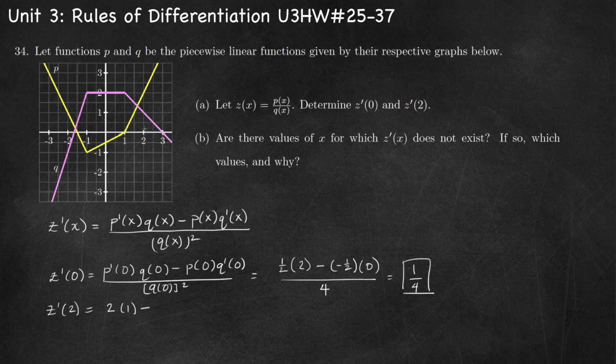So the value of p at 2 is 2, times q prime of 2. The slope of q when x is 2 is negative 1. Over q of 2, so q of 2, purple graph at 2 is 1, and we're going to square that. So we get 2 plus 2 over 1 is 4.